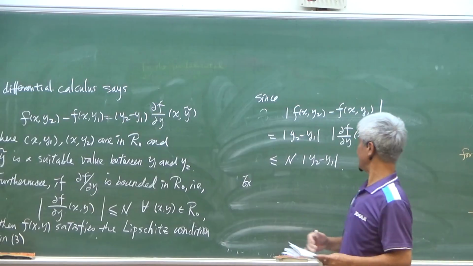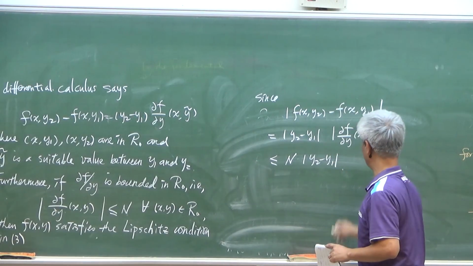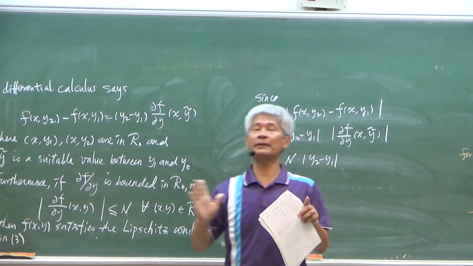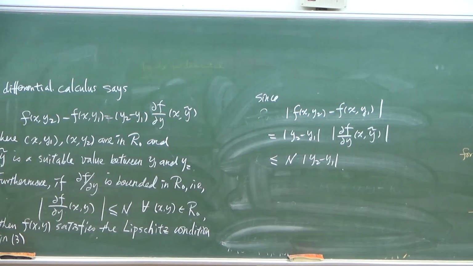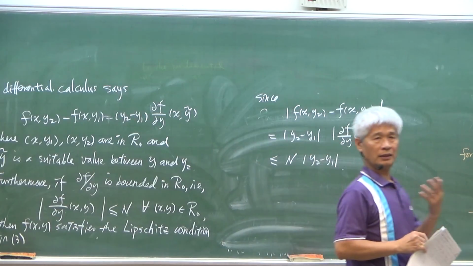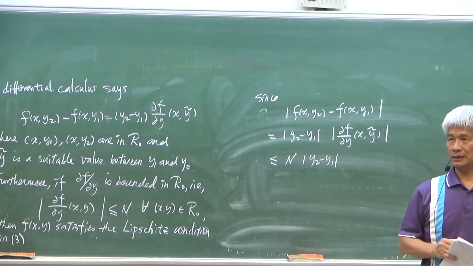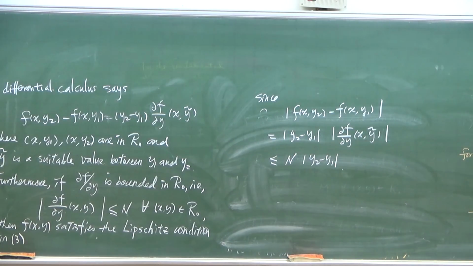Okay, so I think I have to finish. This is the main idea about the existence and uniqueness of the initial value problem. I hope you can read through the textbook. I'm preparing a sketch proof of the theorem.